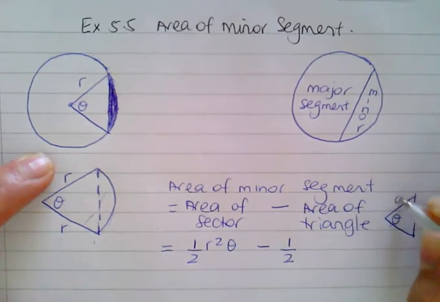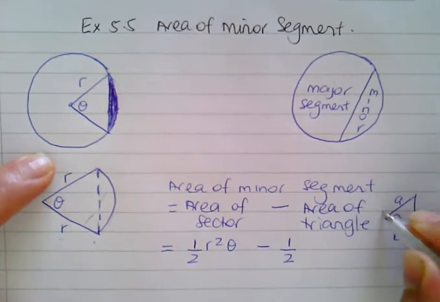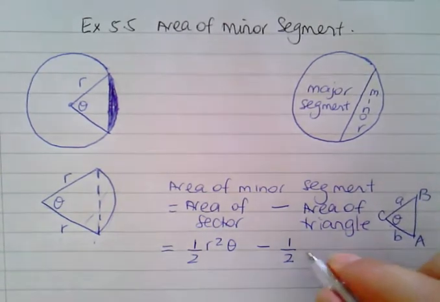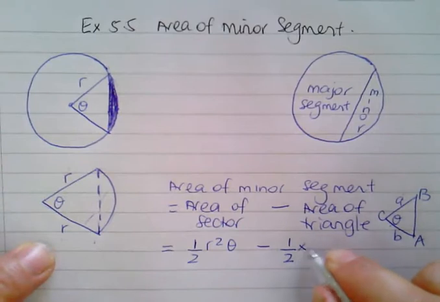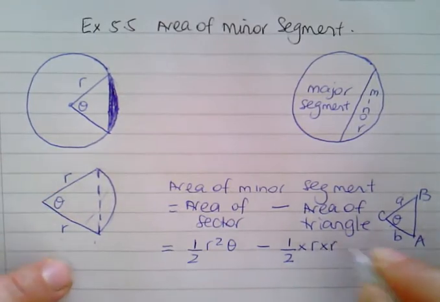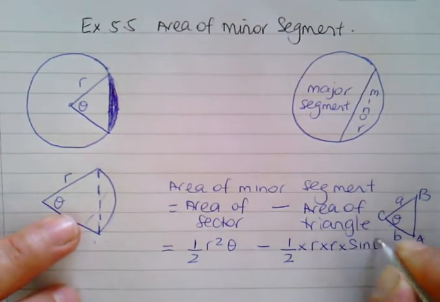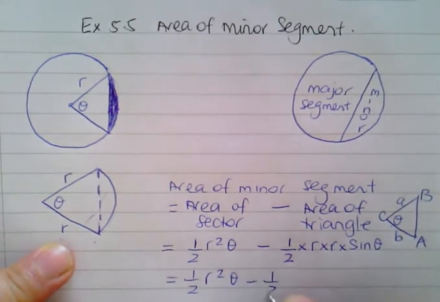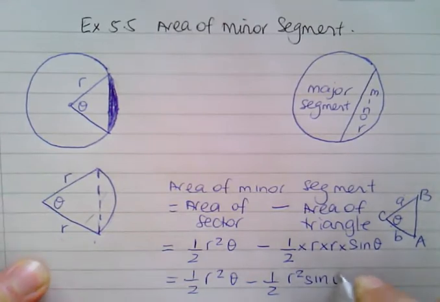Remember, if you've got triangle ABC there, the area of this triangle is a half of a times b times sine C. So it's doing that here. It's a half times r times r sine theta. In other words, it's a half r squared theta minus a half r squared sine theta.